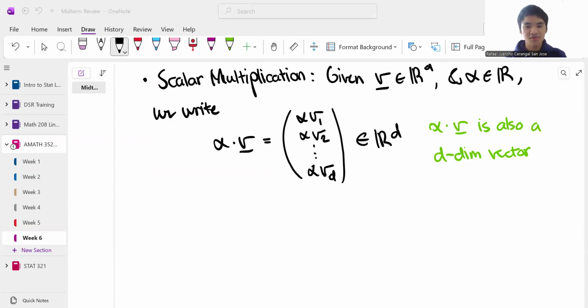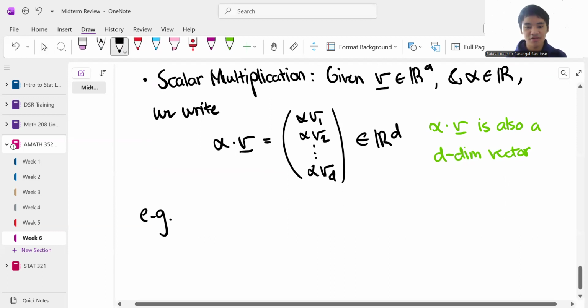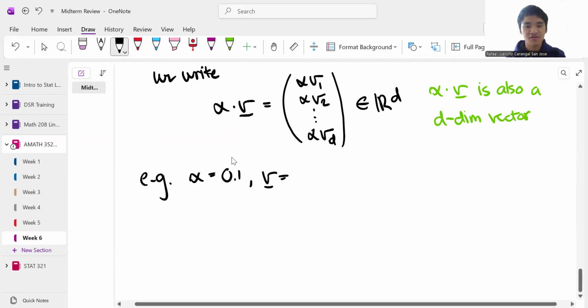Now let's do some examples so that we don't get bogged down by theory. Say, okay, let's say alpha is 0.1. And let's say this vector v is 1, 2, 1.2, 3.1.